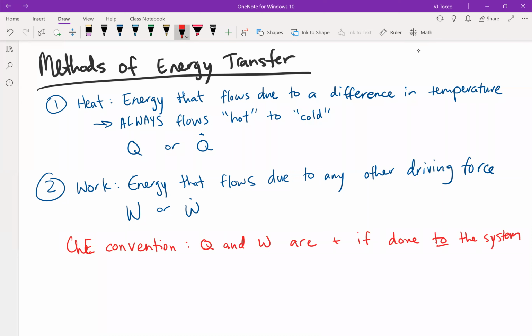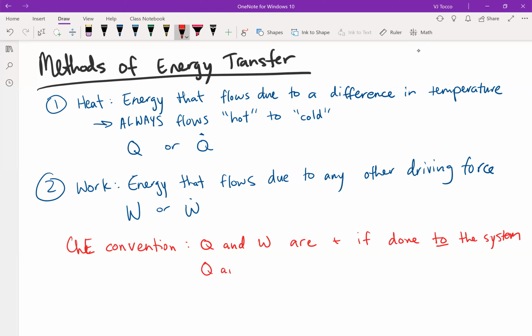This can oftentimes be confusing, especially to those who have studied mechanical engineering at any point. In the mechanical engineering convention, they describe work as positive if done by the system. So you have to be very careful in defining what exactly your system is when you're defining what the sign of Q and W are.